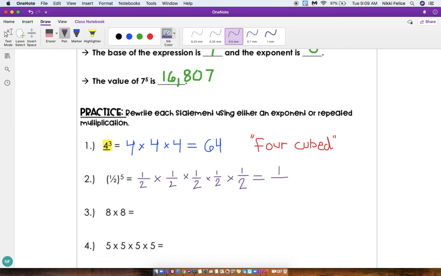Our denominator, we know that 2 times 2 is 4. Then 4 times another 2 is 8. 8 times another 2 would be 16. And then 16 times 2 would be 32. So the value of 1/2 to the 5th power would be 1/32.